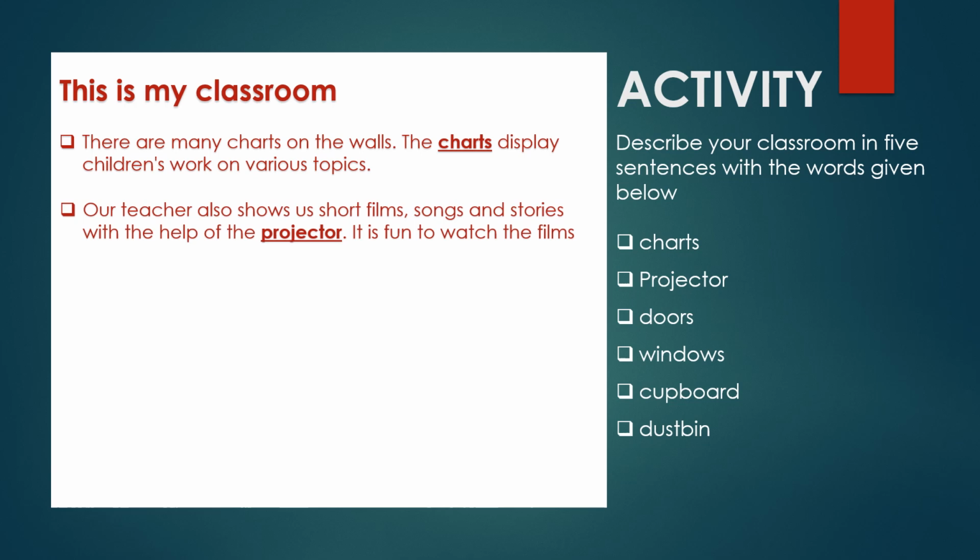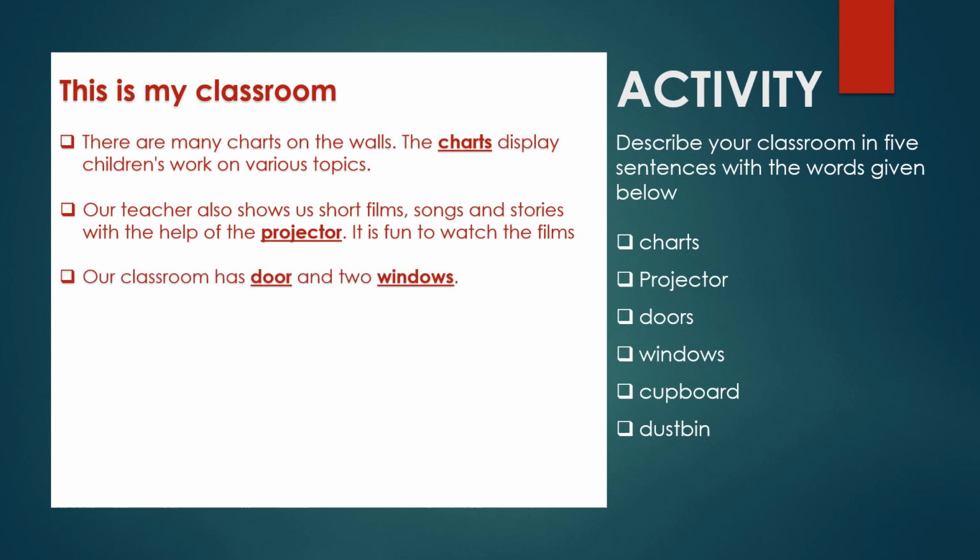In our class, there is a projector on which the teacher shows some films, some cartoon shows. So by watching that, it's very fun to learn. Our teacher also shows us short films, songs, and stories with the help of the projector. It is fun to watch the films.